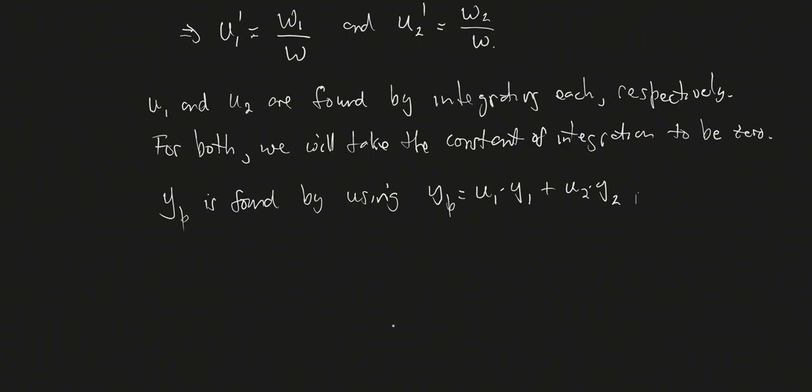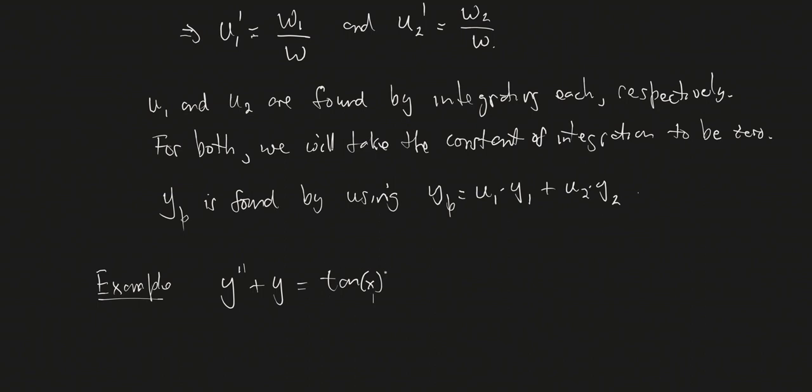And I'll take a very simple equation. So example: let's say we have y double prime plus y is equal to the tangent of x. Now, the tangent of x is not one of our three forms for the method of undetermined coefficients.